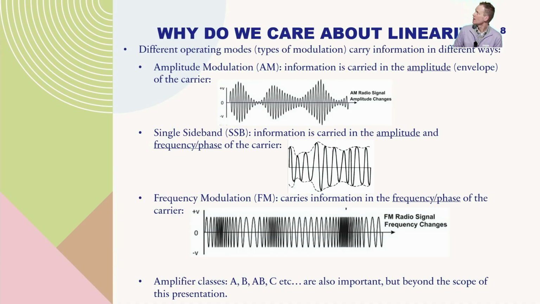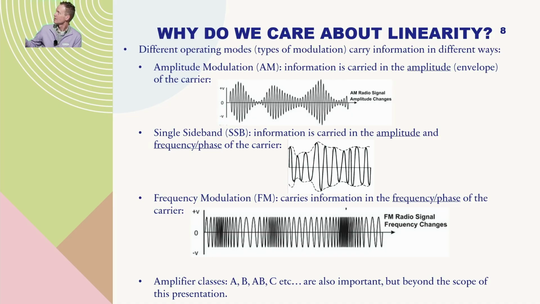So I thought it would be worth delving into why we care about linearity. Why does it matter? Well, it matters because it's in relation to modulation. So I'm just going to go into a little bit of detail about some of this modulation, not too deep though. If we think about amplitude modulation, or AM, or ancient modulation, as it's sometimes called, the information is carried on the envelope of the wave.